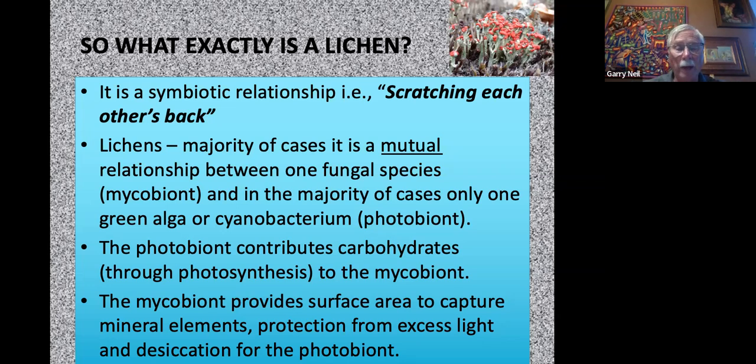It captures mineral elements because it's the fungus that really attaches itself to the substrate. It protects the algae from excess light and also protects the photobiont from being totally desiccated, in other words, being totally dried out and dying. So there are a lot of different purposes for both groups to be living together.